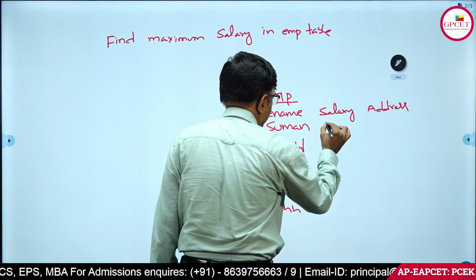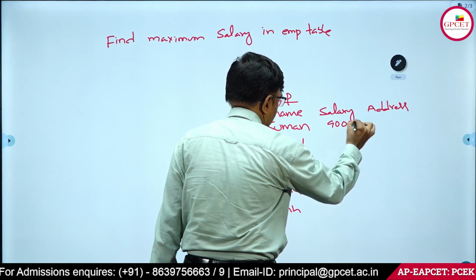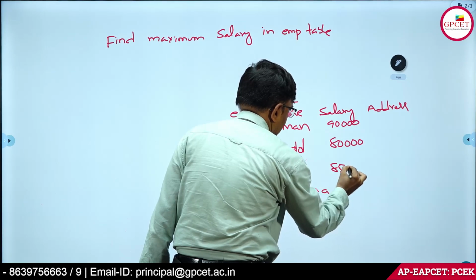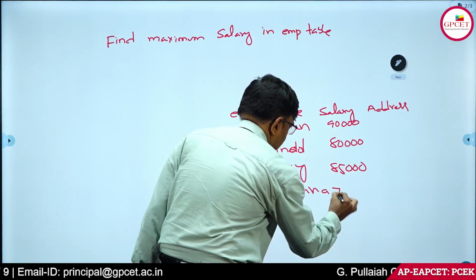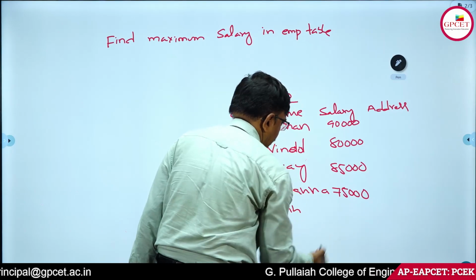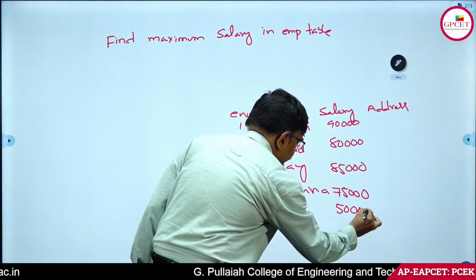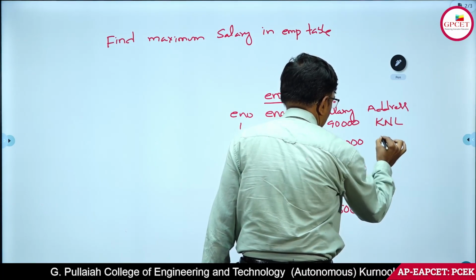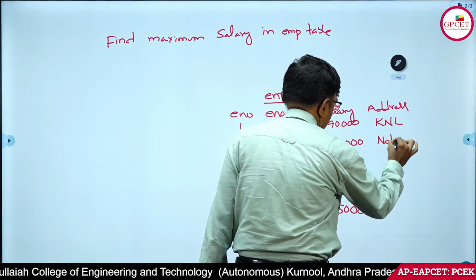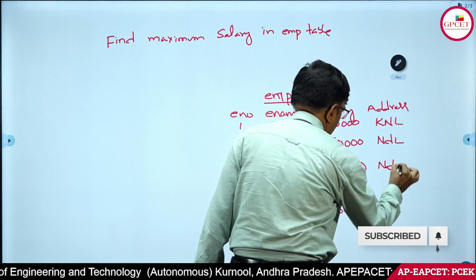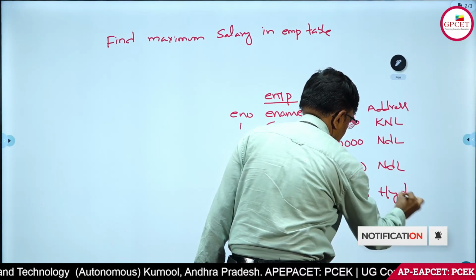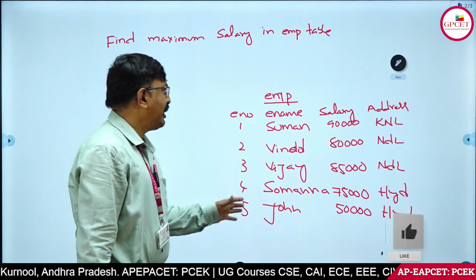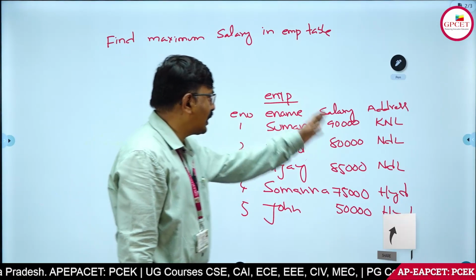Observe the salary: 90,000, 80,000, 85,000, 75,000, 50,000. The addresses are Karnool, Nandyal, Nandyal, Hyderabad. This is a simple table having employee number, employee name, salary, address.